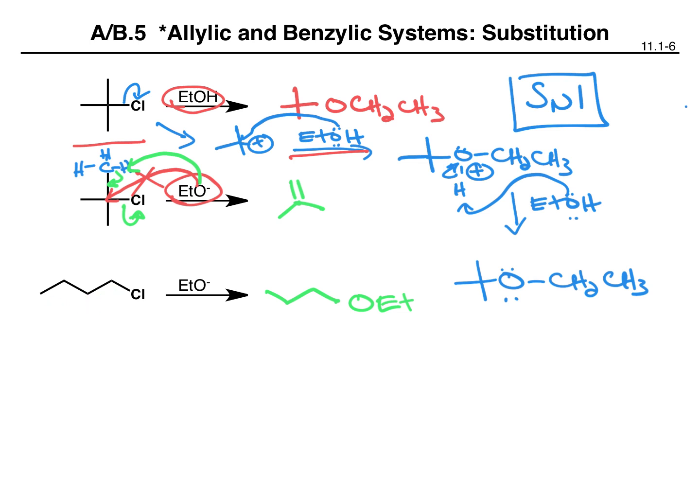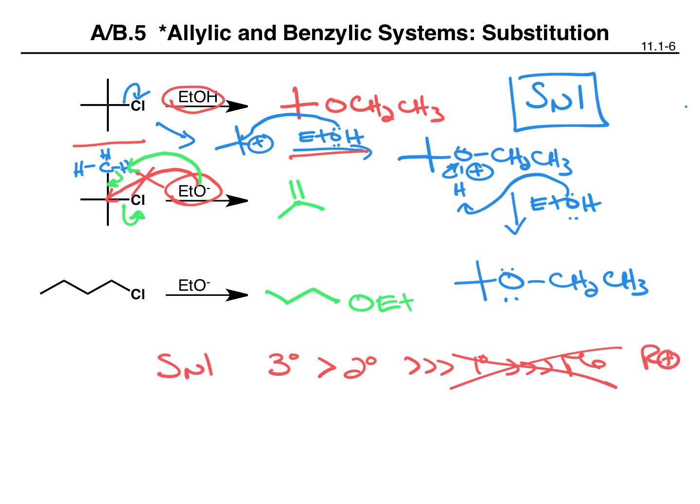We talked about this a lot last semester. For SN1 reactions, tertiary alkyl halides are going to react faster than secondary, and these react much faster than primary or methyl.